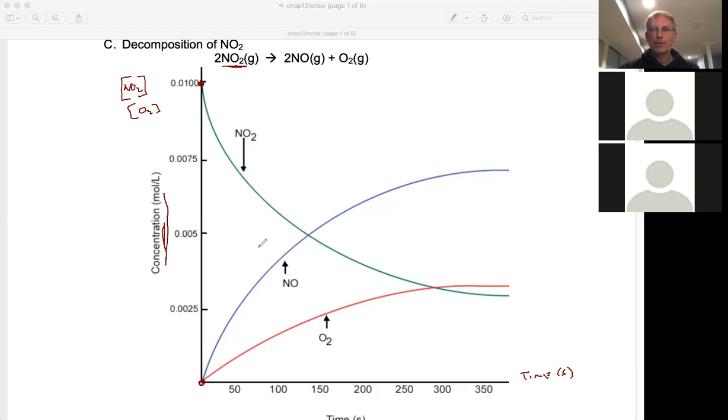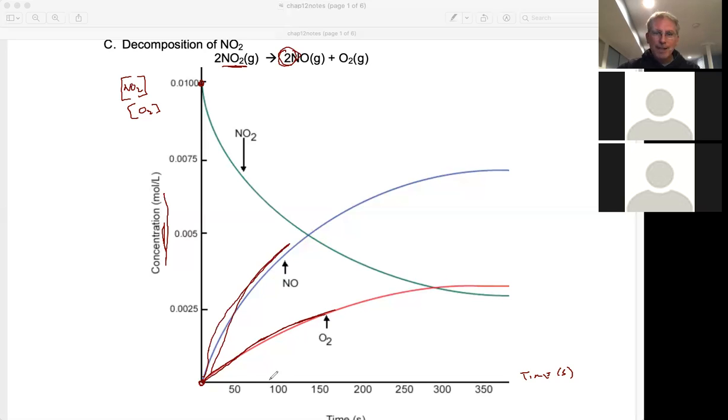So a couple questions you have to ask. How come the O2 curve is kind of lame down here, where the NO curve, that's pretty exciting, it's shooting up? They're both products. Why do they have different curves? The coefficient. So you are making twice as much NO as you are O2.